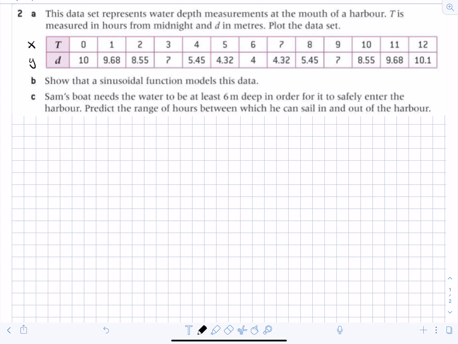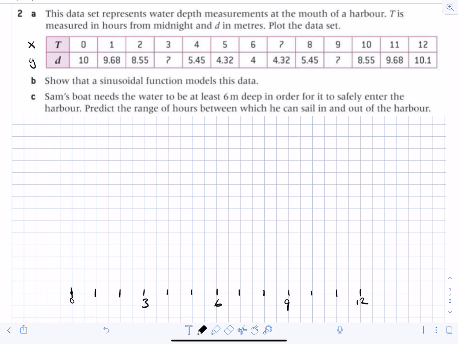There's going to be no negatives here, so this could be my origin and that'll be my 0. 1, 2, 3, 4, 5, 6, 7, 8, 9, 10, 11, 12. Of course, you would be doing this with your ruler. You can fill it all in if you want.